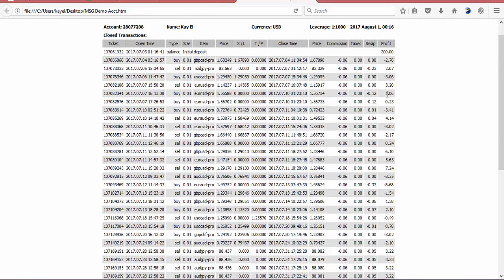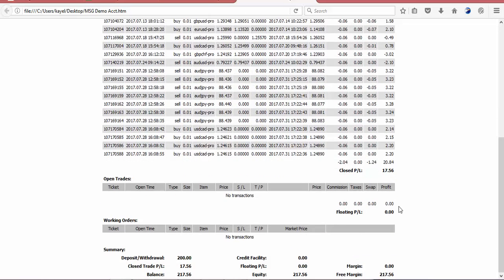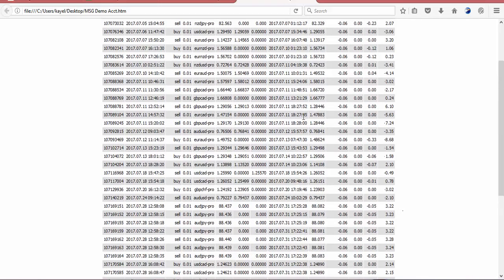If you check the days, you realize that I couldn't take trades every single day of the month, because I look for the best opportunities. So when the best opportunities come, I go into trade. And you can see that we had the same amount of risk throughout, and so the account grew from 200 to 217. So we made about $17.56 profit on that, and this is a monthly report, so that is about 9%.